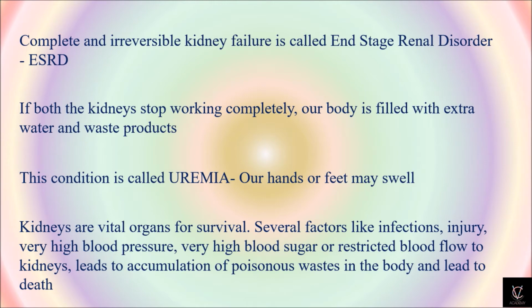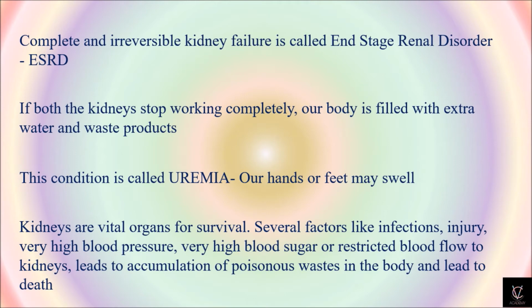So what are the vital organs for survival here? Kidneys are vital organs for survival. Several factors like infection, injury, very high blood pressure, very high blood sugar, or restricted blood flow to the kidneys lead to accumulation of poisonous waste in the body and lead to death.